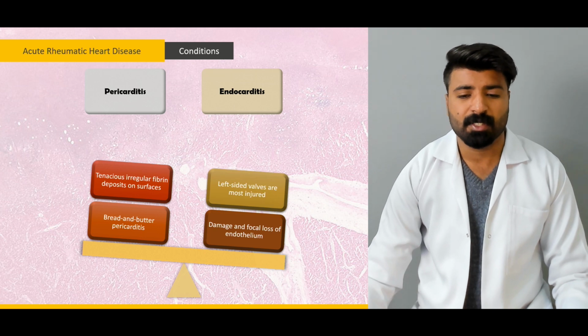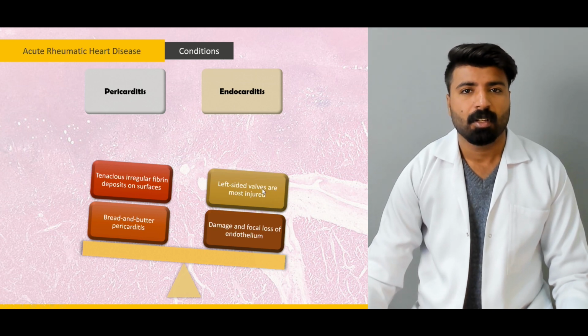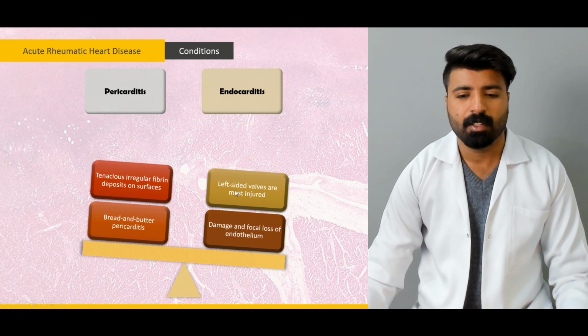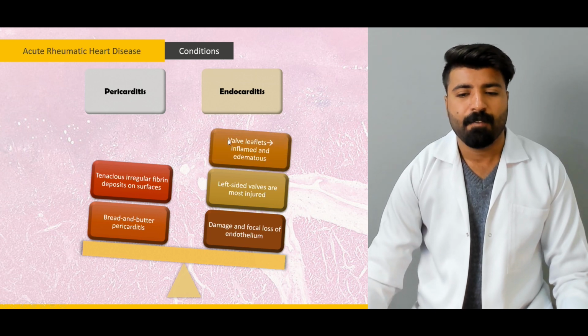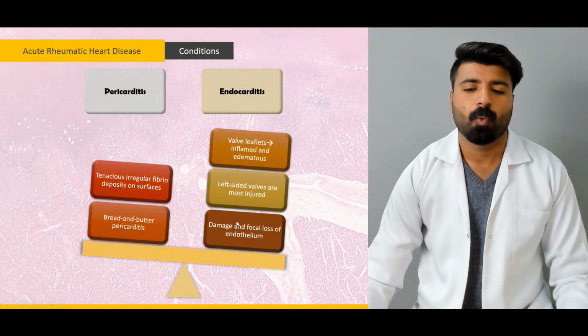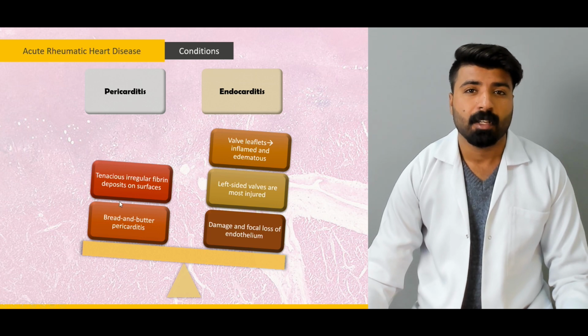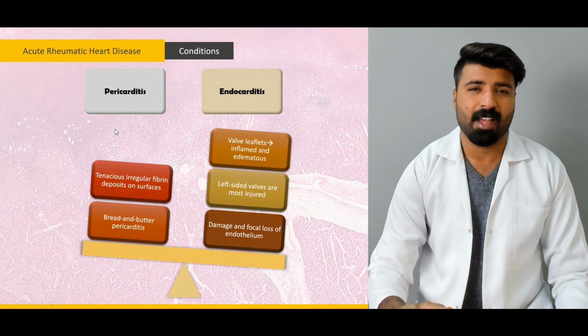On the same side, the left side valves are more injured. More injury on the left side damages the endothelium. One more point is that the valve leaflets are inflamed and edematous. Now, what's the comparison between these two? In pericarditis, we have the bread and butter appearance. And yes, it does have a pathology.